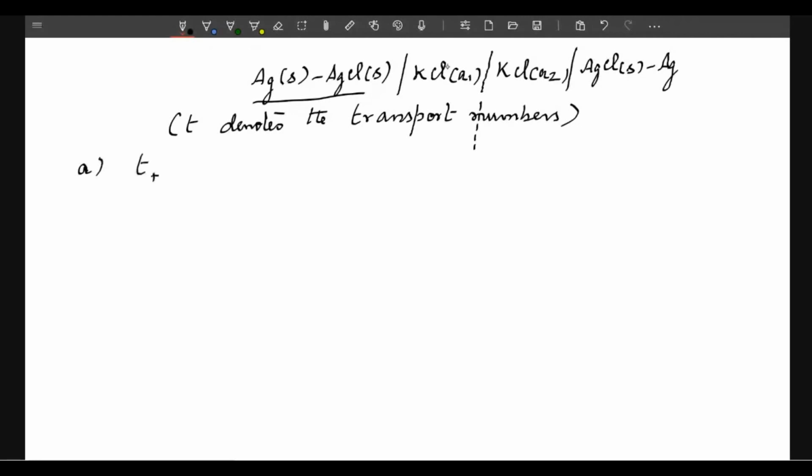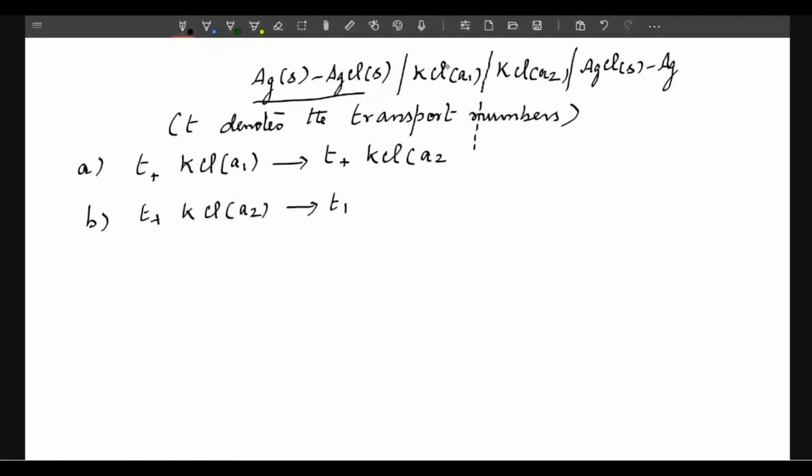Option A: T plus KCl activity 1 to T plus KCl activity 2. Option B: T plus KCl activity 2 to T plus KCl activity 1. Write the next one, you can write it yourselves.